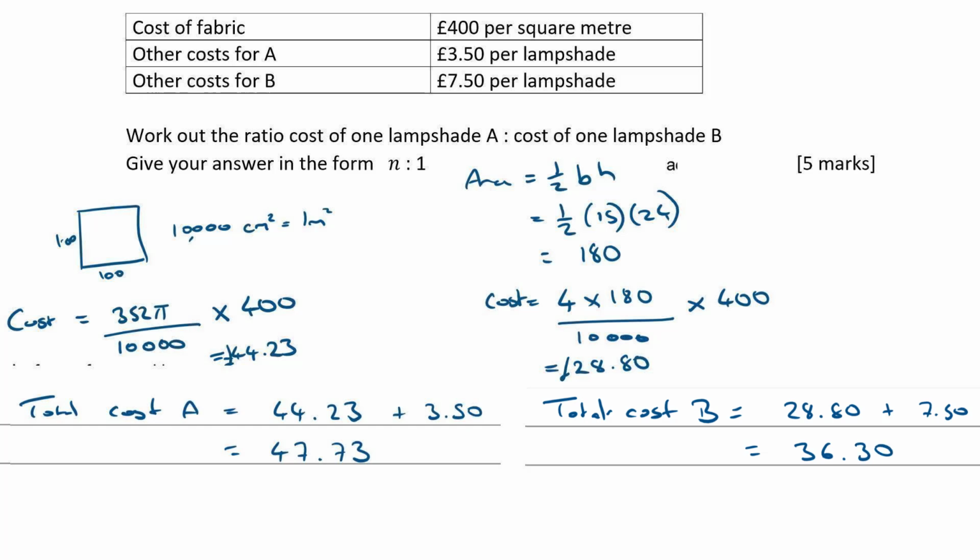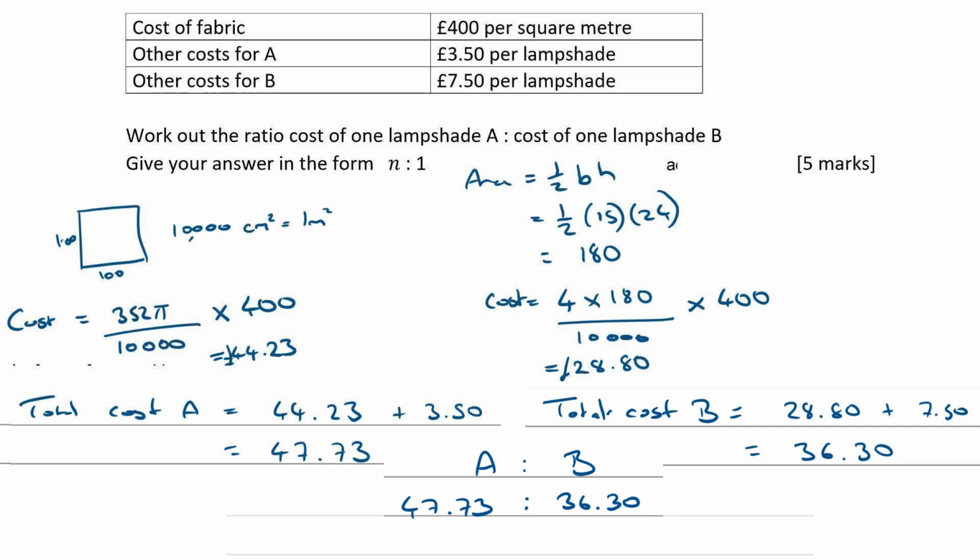So then the ratio of cost A to cost B is going to be £47.73 to £36.30. Now we're told that we need to give the answer in the form n to 1. So we need to make that second number 1, and we do that by dividing by £36.30.